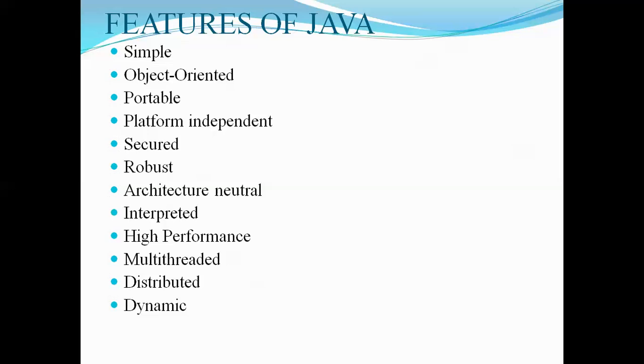And the next feature is secure. Why Java is secure? Java is secure because it is free from pointers. Why? Because pointers is a burden on the programmer.